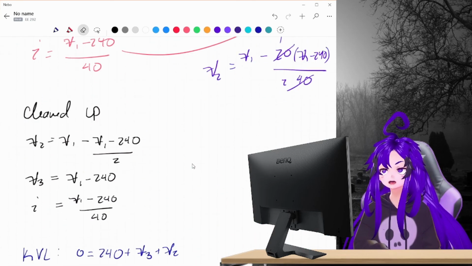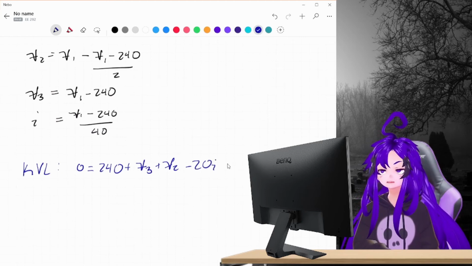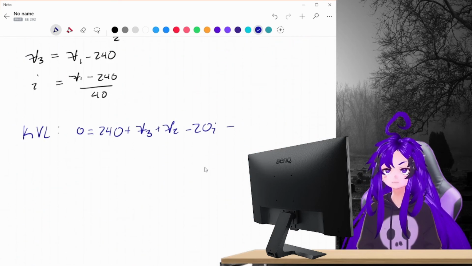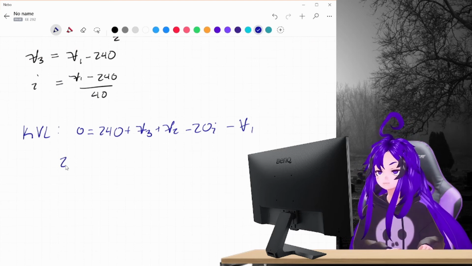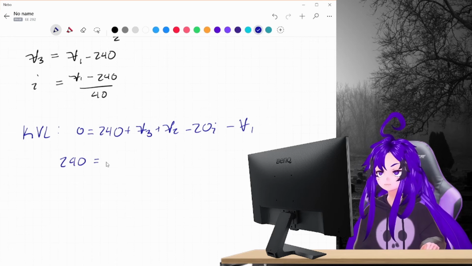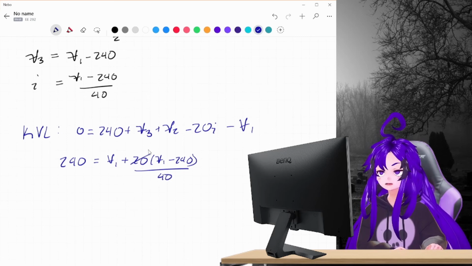Minus 20i, which is, well, we'll do that all once I've written it down. V1. Okay. So V1 plus 20 times V1 minus 240 over 40, which again is going to be 2 and 1.